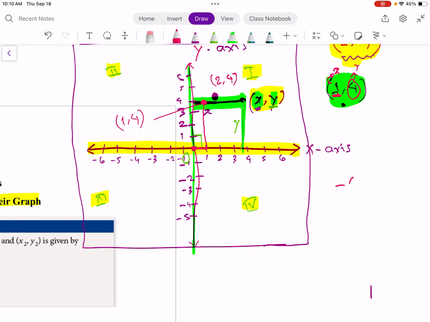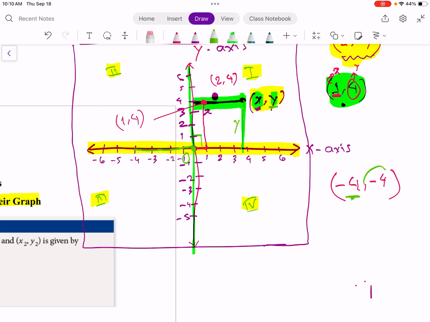If we have something like (-4, -4), let's plot this point. Again, you start from the origin. Now we look at the x, which is -4. -4 means we are moving to the left side, so you move left 4 units along the x-axis: 1, 2, 3, 4.